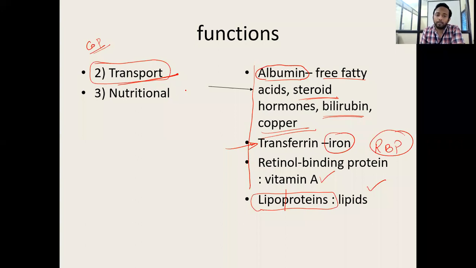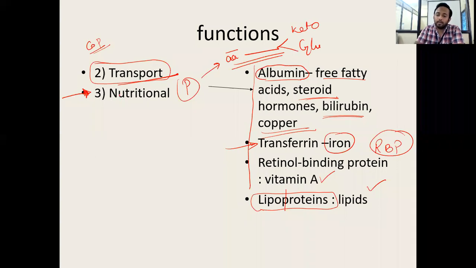Then, because protein is made up of amino acids, and amino acids can be ketogenic or glucogenic, they provide nutrition. So the plasma protein present in the blood also functions as a nutrient to the body. Next, buffering capacity. In previous classes, we have seen that amino acids and proteins have ampholytic nature, because of which they function as a buffer.